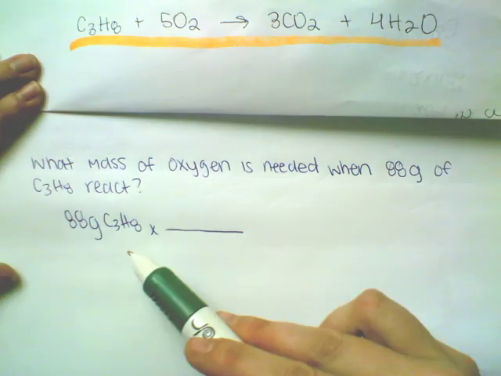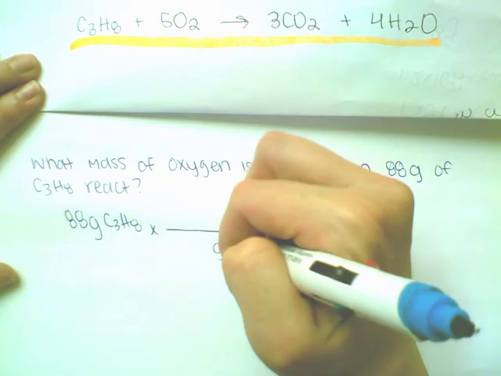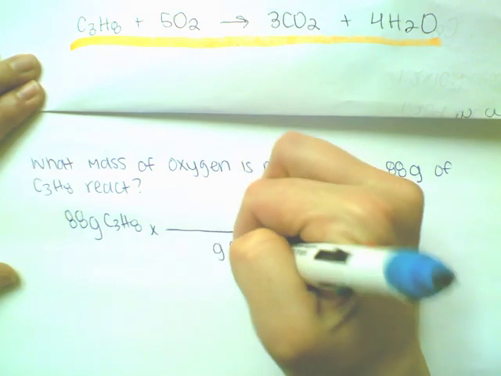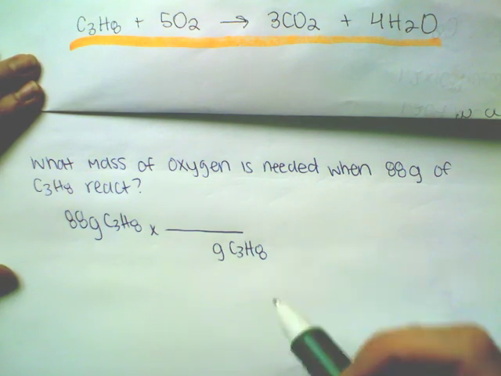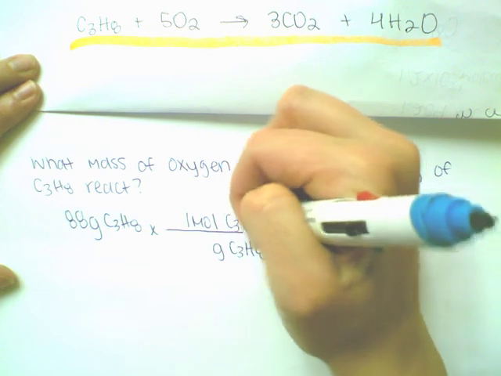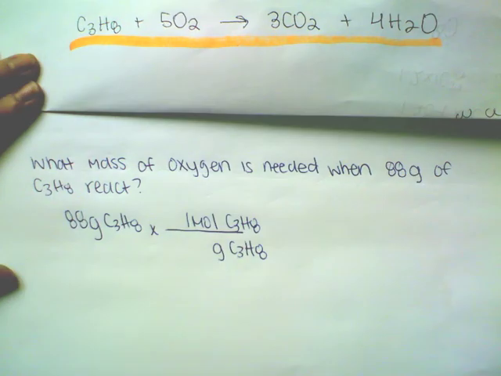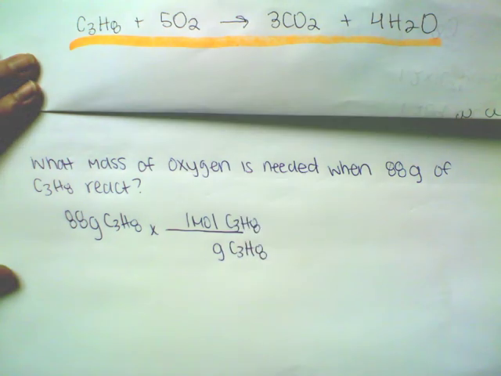If you have grams of C3H8 on the top, you'll have grams of C3H8 on the bottom. The number that goes here is the number of grams in 1 mole of this substance. Okay, molar mass, the grams in 1 mole. It's always 1 mole for molar mass.